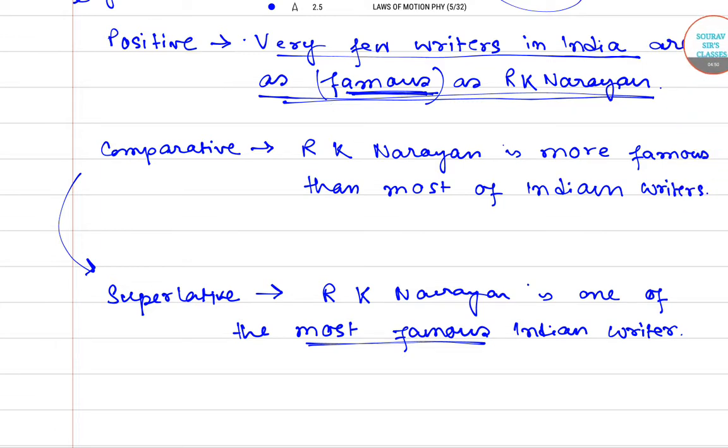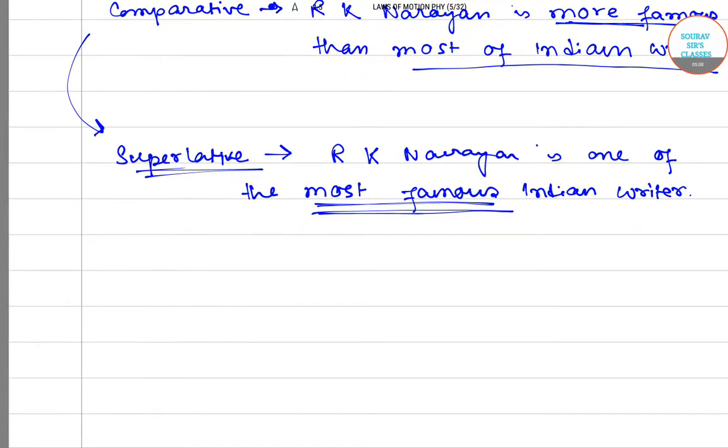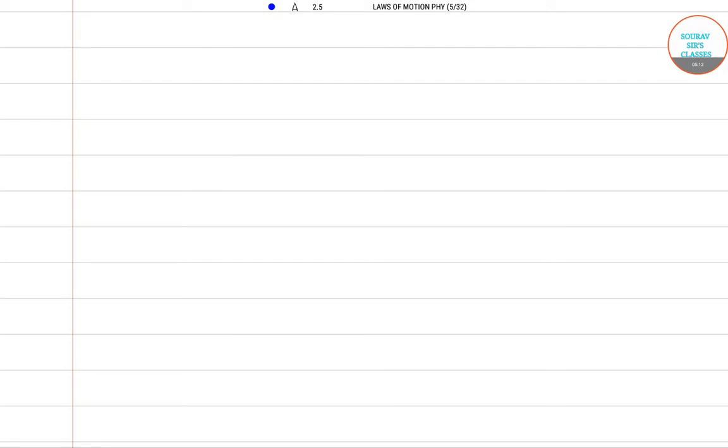When it's about making it comparative, we say more famous than most of the Indian writers. When it is about superlative, this is about all in the world, so we can use most famous. So this was example number 1. For better understanding, example number 2.